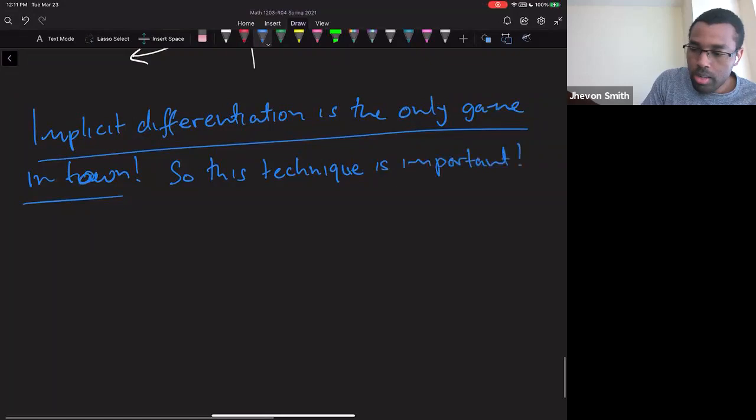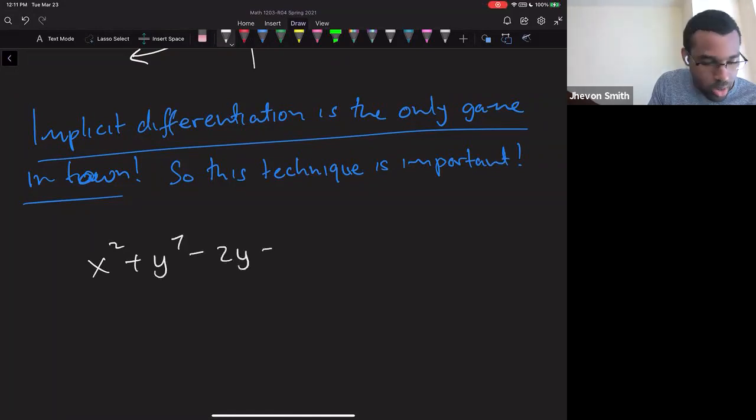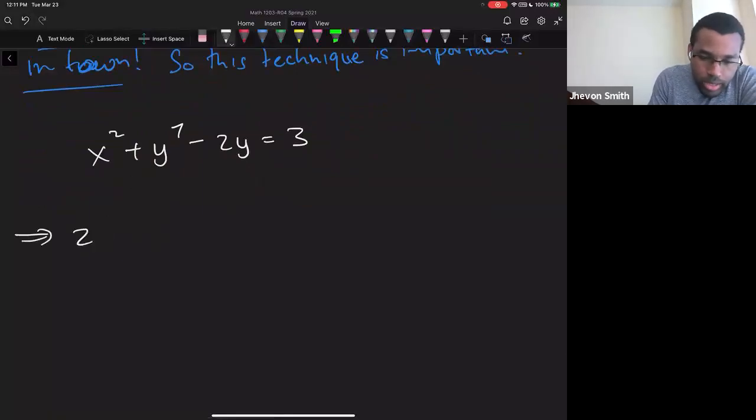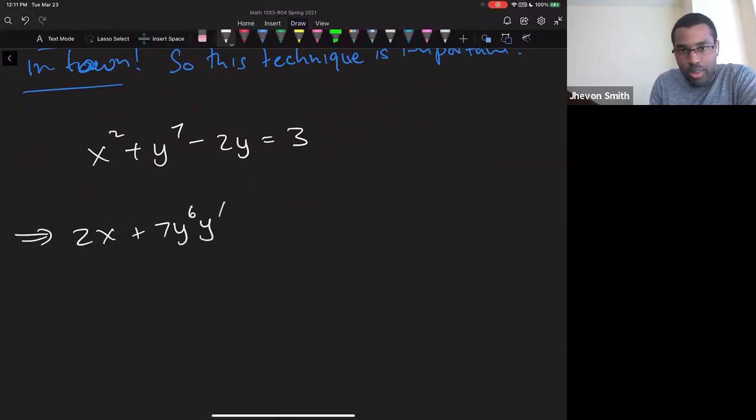So now that hopefully I've convinced you that implicit differentiation is actually something that we do need to know, and we should not believe that we could go through life without knowing it if we care about finding derivatives. Let's actually just find the derivative. We're going to go through, differentiate both sides: 2x, 7y to the 6 y prime. Every time you differentiate a y, you multiply by y prime. Minus 2y prime equals 0.